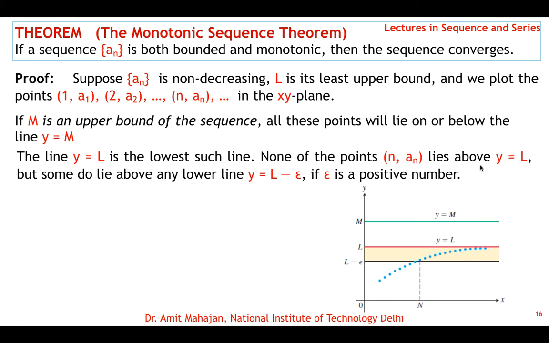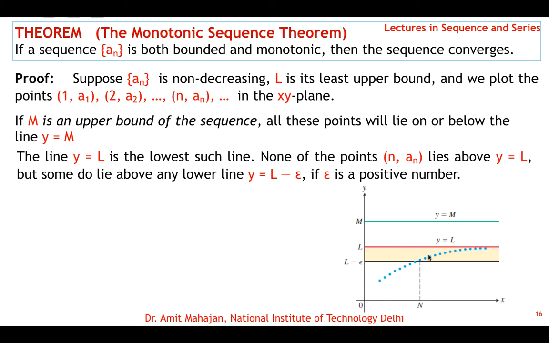But some do lie above any line lower than this, y equals L minus epsilon, because now this line is not an upper bound, so some point will lie above that L minus epsilon line. If this is not true, then L minus epsilon will become an upper bound, and y equals L will no longer be the least upper bound.